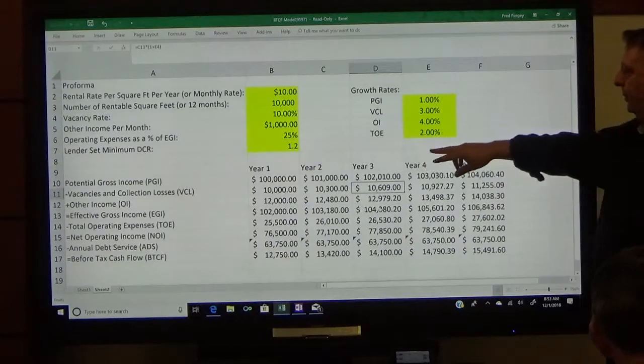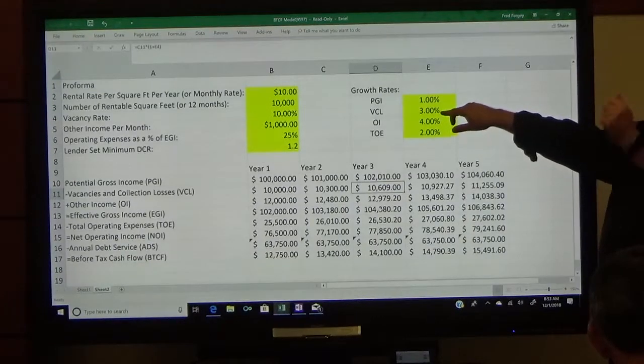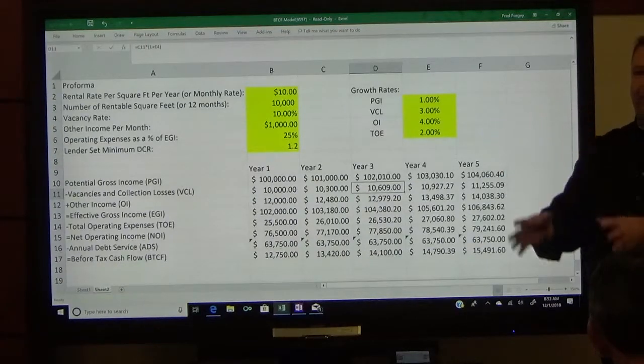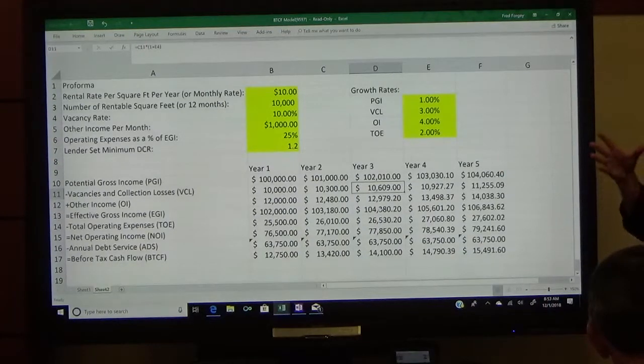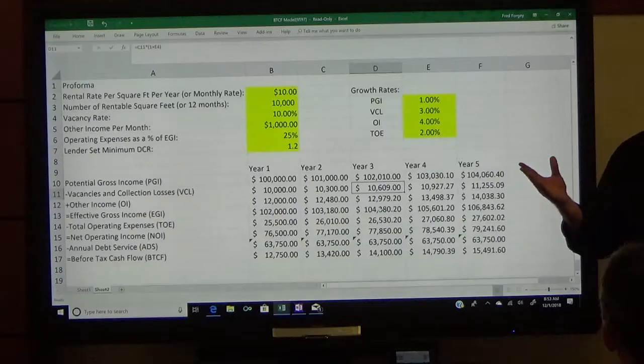Now, beyond the income, you think about vacancies and collection losses. The same sort of thing is true there. From a market analysis perspective, you should be asking, is there a whole lot of new product about to come on the market with a particular product type in a particular area? Take for example the Fort Lauderdale area, close to Flagler Village.